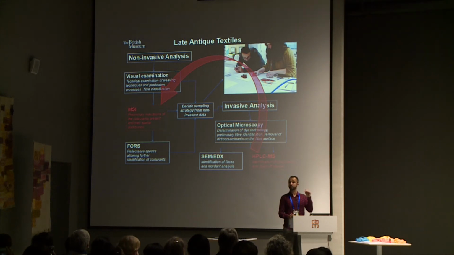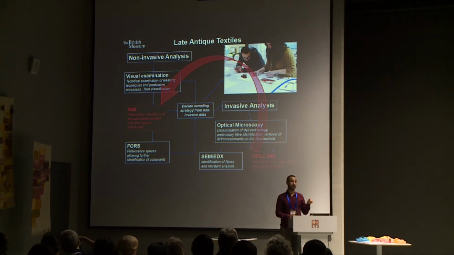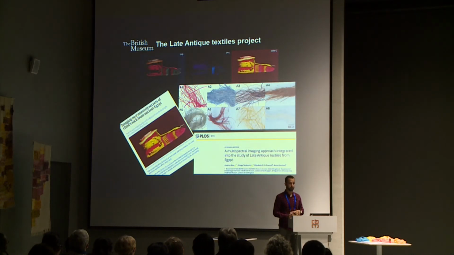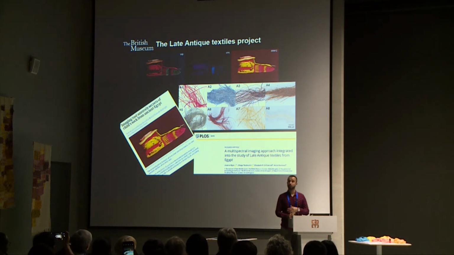This was a work that was possible by confirming all the colors with liquid chromatography mass spectrometry, but then the interpretation can go back, and so once you have done it once, you can then have your strong base to then analyze another textile and use the decision scheme without taking samples, or taking a very small amount of samples. We published the work in PLOS ONE, it is open access, so if you want to know more, you can look at the article.